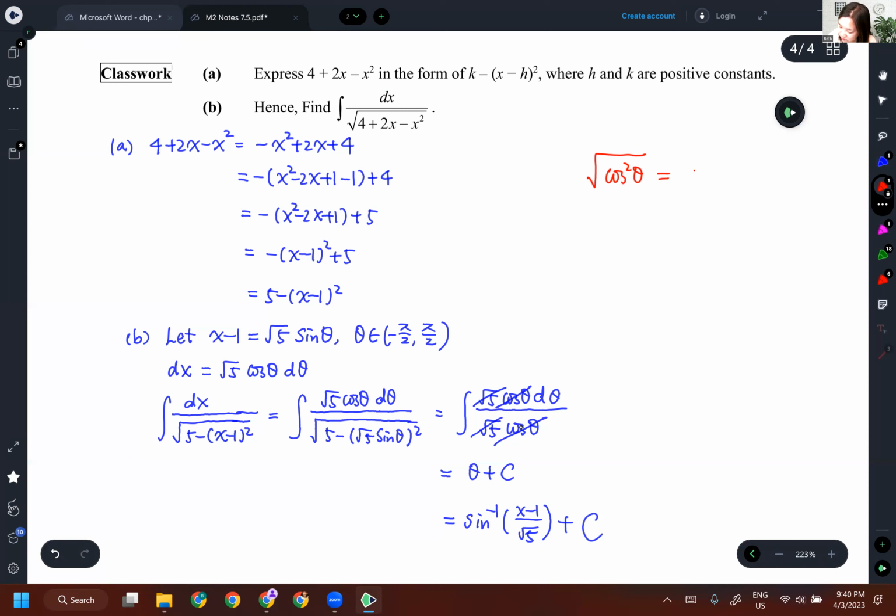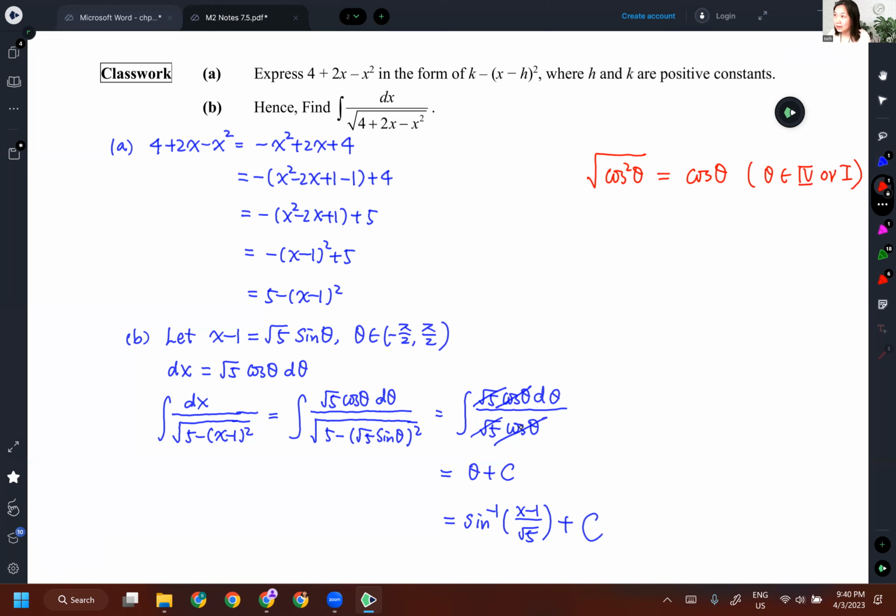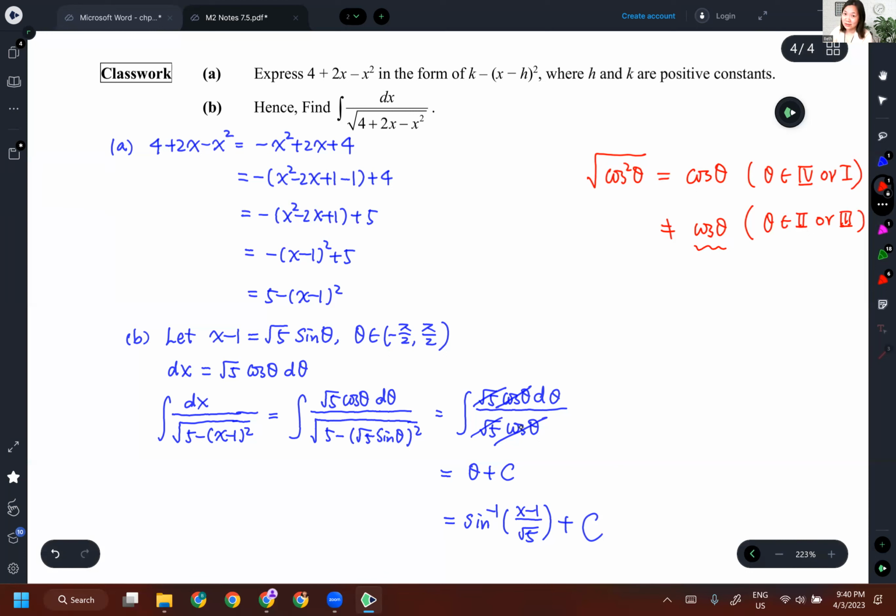Now, you think it's equal to cosine theta only when theta lies in quadrant 4 or quadrant 1. Now, if theta lies in quadrant 2 or quadrant 3, you cannot say this is equal to cosine theta. Why? Because cosine theta itself is negative. In this case, this value itself is negative.